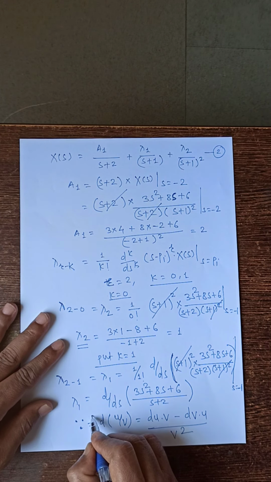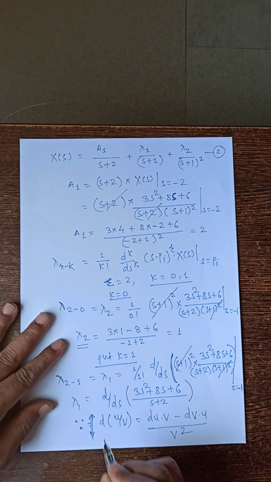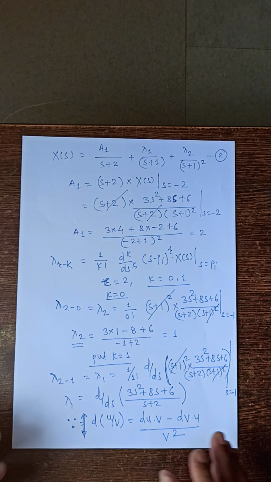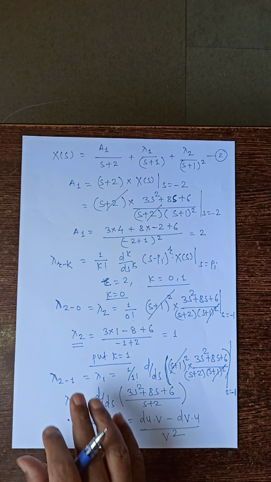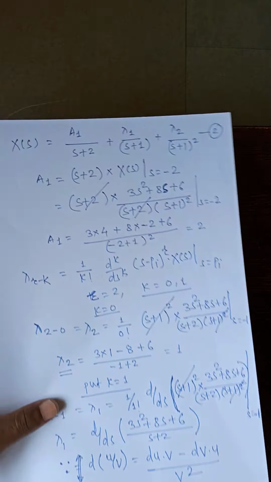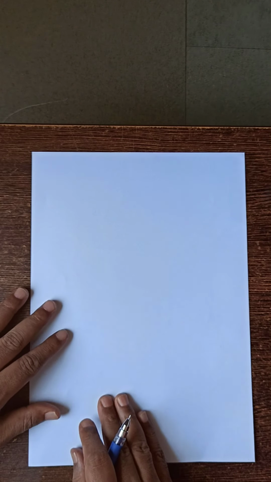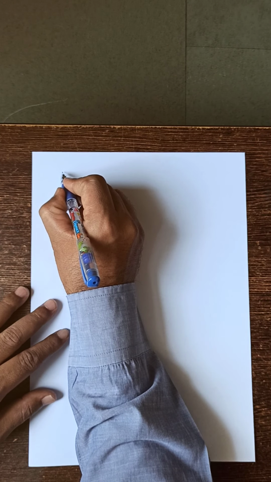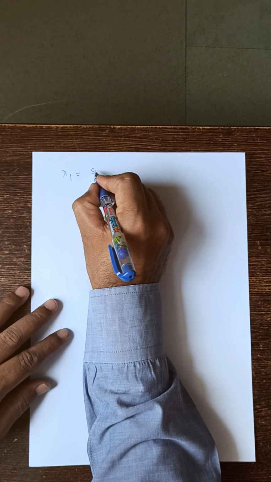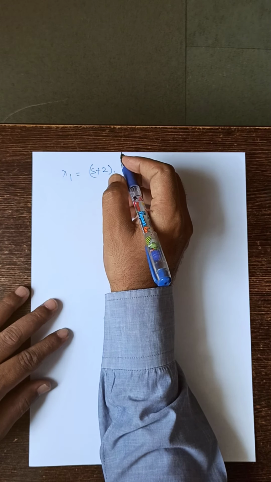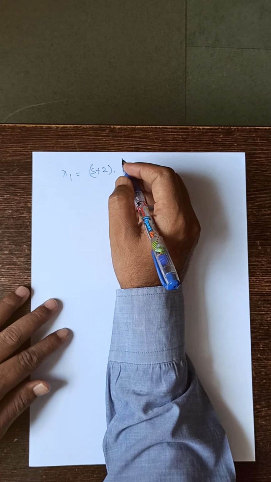This is the differentiation rule for this, so we'll continue by finding the differentiation of u first, multiplied by v. So lambda 1 is equal to (s plus 2), the second term as it is, into the differentiation of the first term, 3s squared plus 8s plus 6.